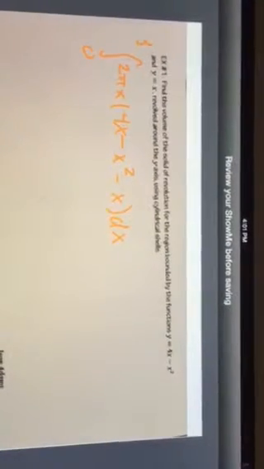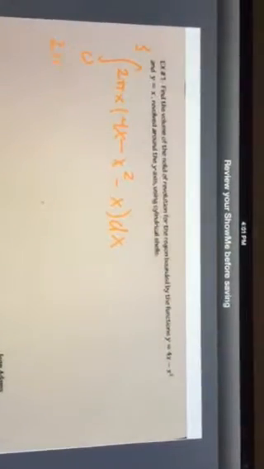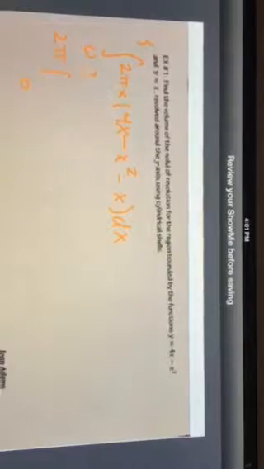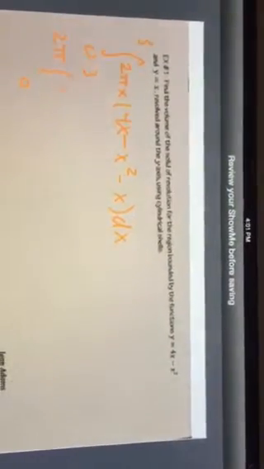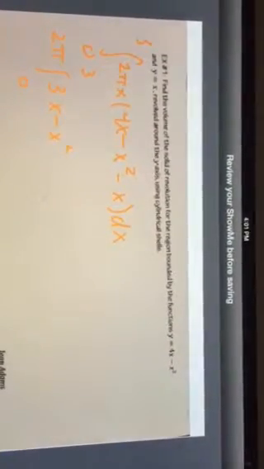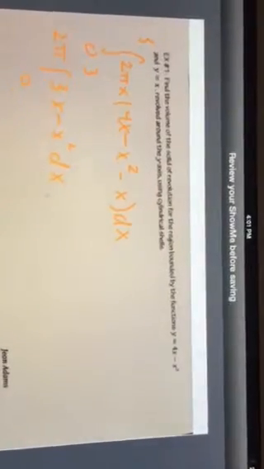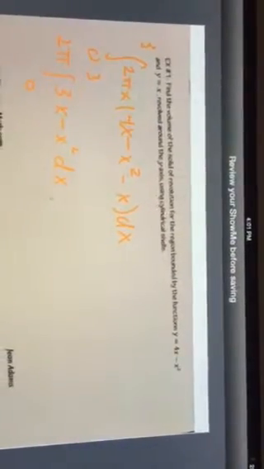We combine our like terms, pull out our 2 pi, given that it's a constant. We end up with 3x minus x squared dx.